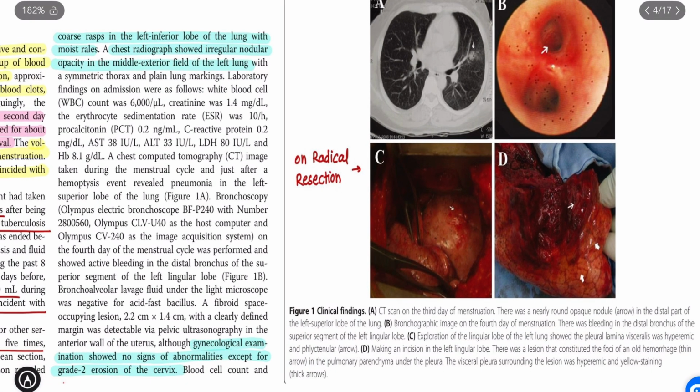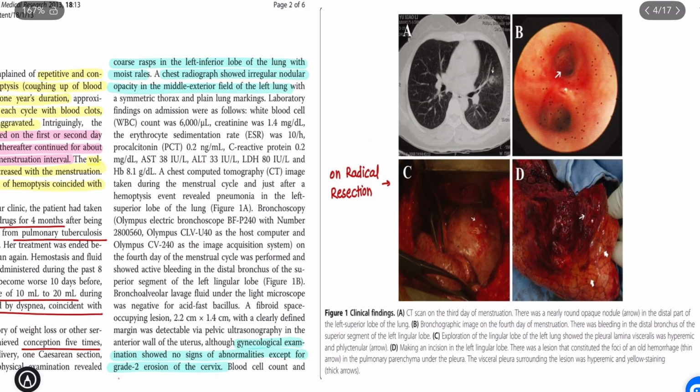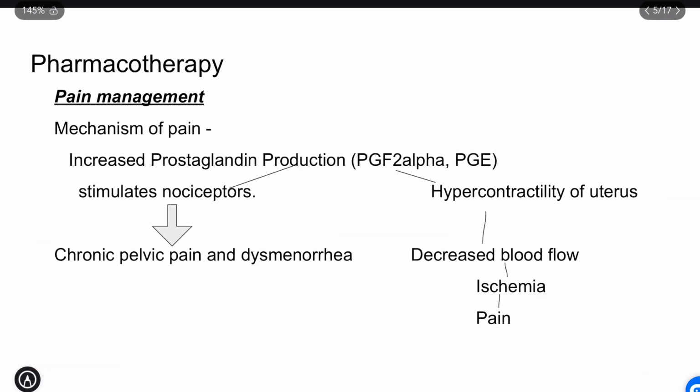Then, for treatment, radical resection of the lingula was done, where this endometrial tissue was actually present. This is the part of the lingula, and the arrow is pointed towards the hyperemic region. On the cut section of this lingula, foci of old hemorrhage were seen, and the surrounding was completely hyperemic. So this was a very interesting case of lung endometriosis.